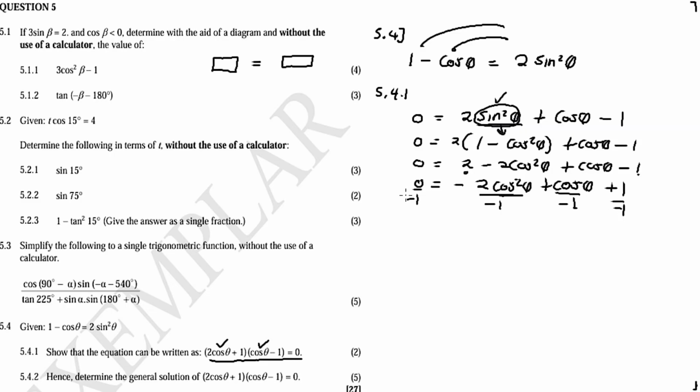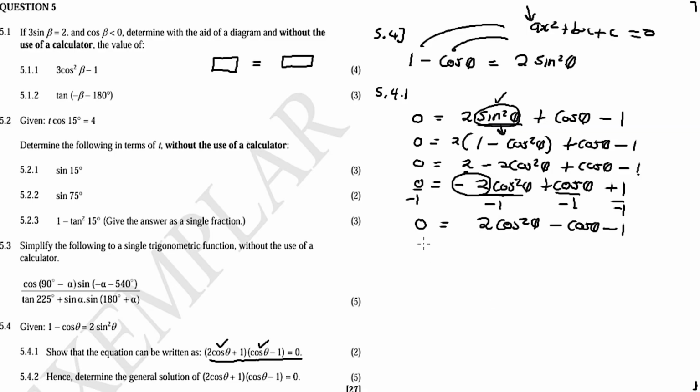If you are going to factorize a trinomial, ax squared plus bx plus c equal to 0, your a must be positive if you are going to use the factoring method. So here we have 0, then positive 2 cos squared theta, minus cos theta, minus 1.